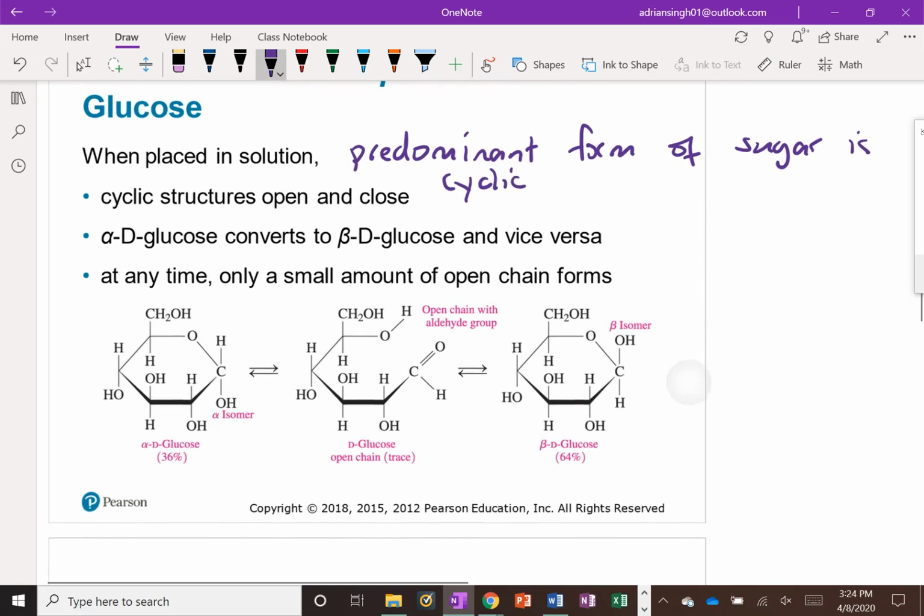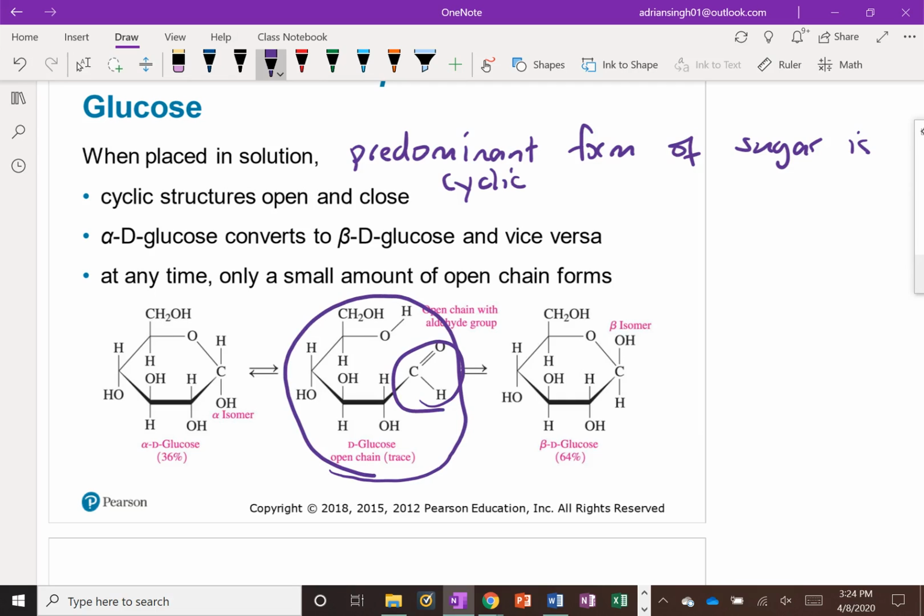So you'll have a very, very small amount of it, a trace amount, in the open chain form where you had that free aldehyde group. The majority of the sugar is going to be in the ring, or the cyclic form. About just over a third of the sugar is going to be in the alpha D-glucose form, and the remaining just under 2/3 are going to be in the beta form where the OH is pointing upwards.